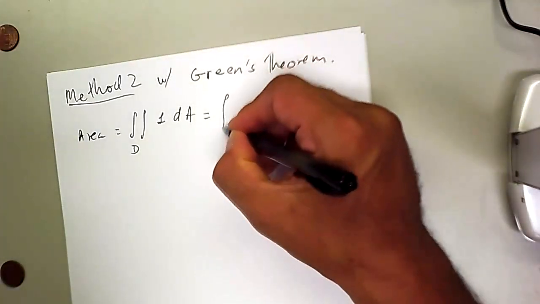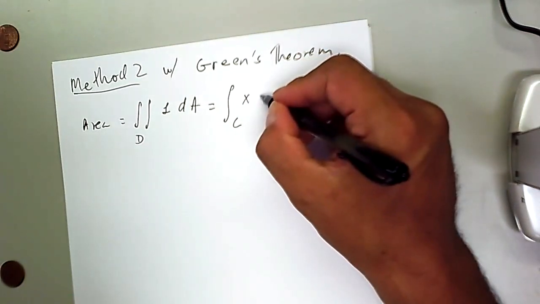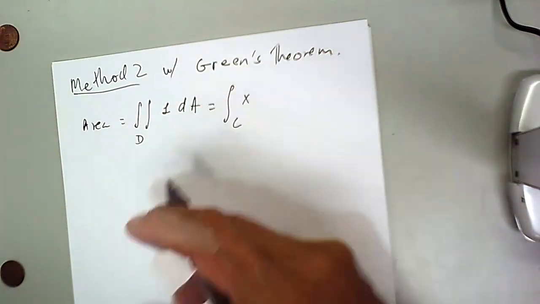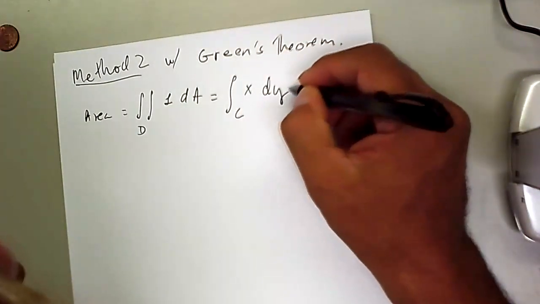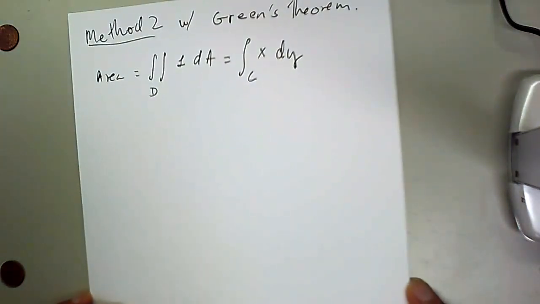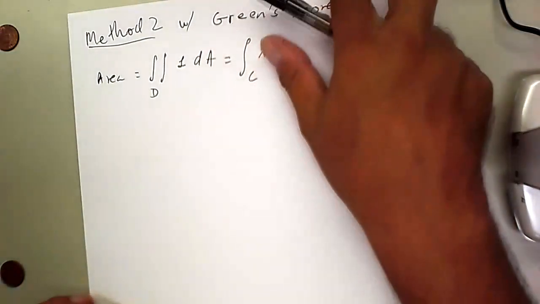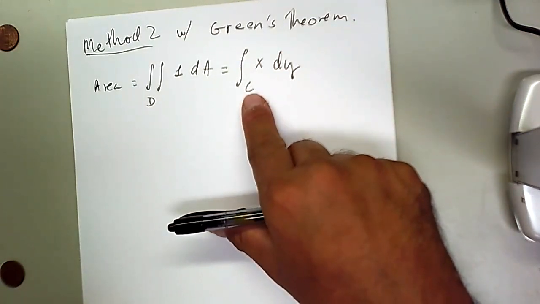So this is the line integral over the boundary of x dy. Now we need one thing though. We need to know how to represent the boundary parametrically.